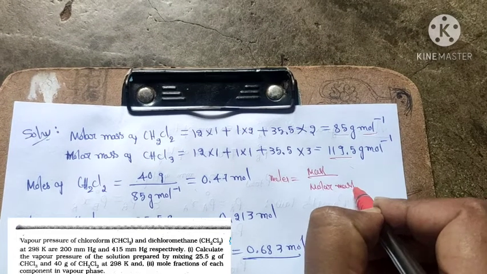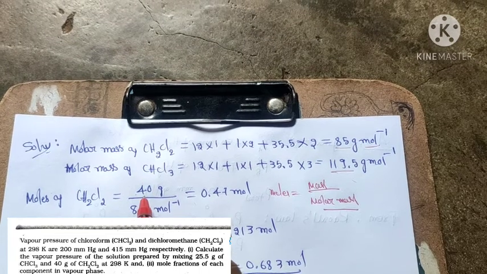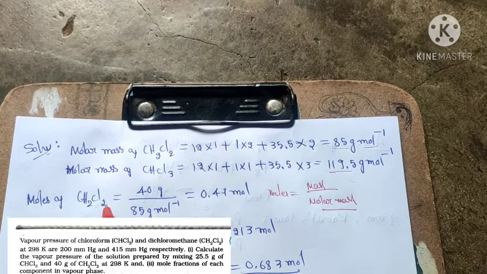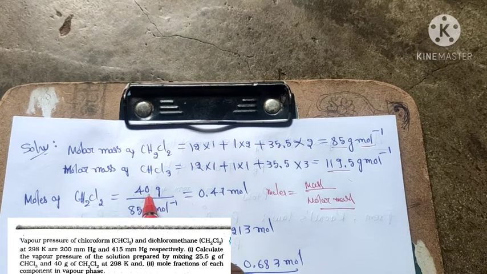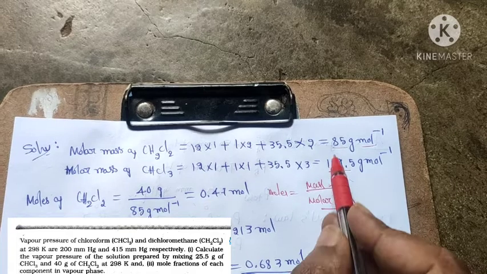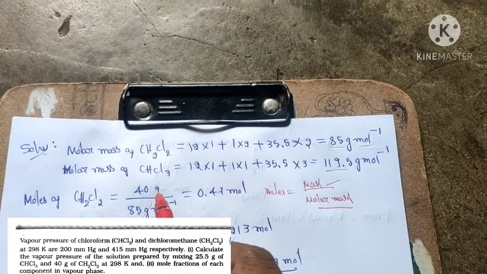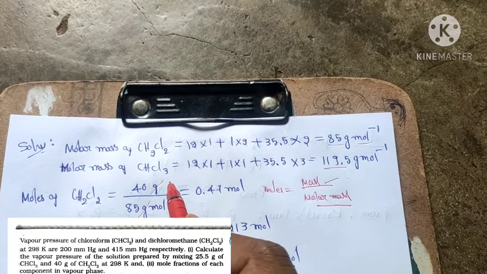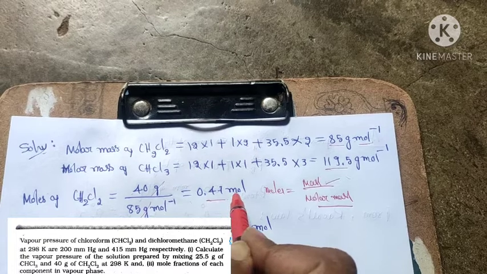The mass is 40 gram of CH2Cl2, dichloromethane, and the molar mass we calculated is 85 grams. So grams cancel, the molar mass goes to the denominator, and the answer is 0.47 mole.